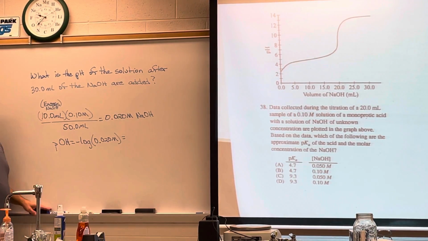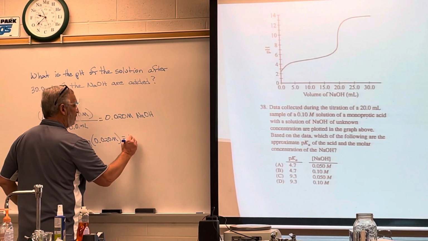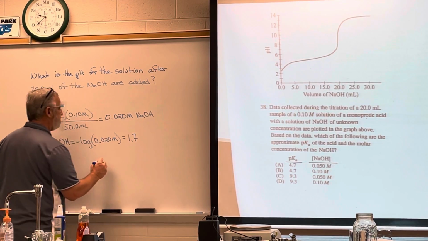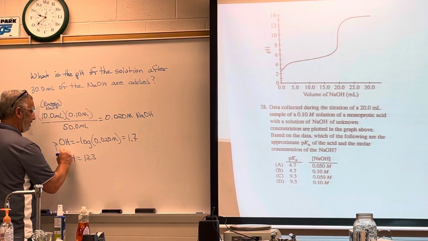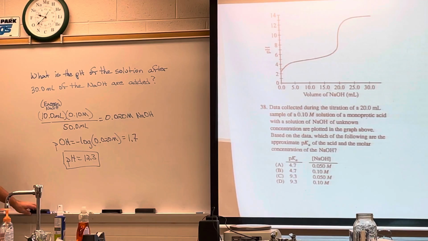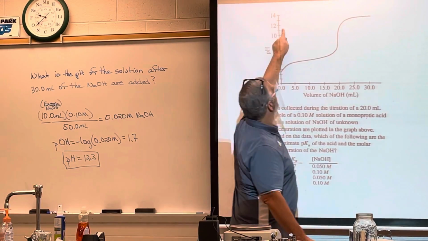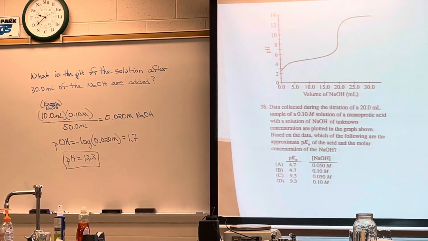And what does that equal? 1.691, so 1.7, okay? So therefore pH is equal to 12.3. Which is pretty close to what we saw on the graph. These graphs are not 100% accurate as far as the scale, but it's pretty darn close.